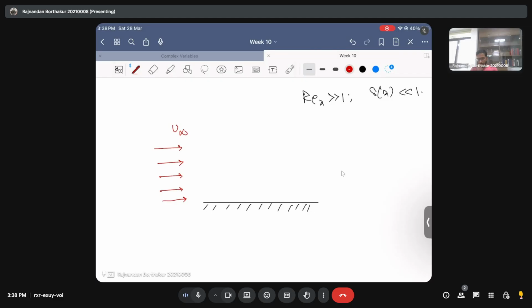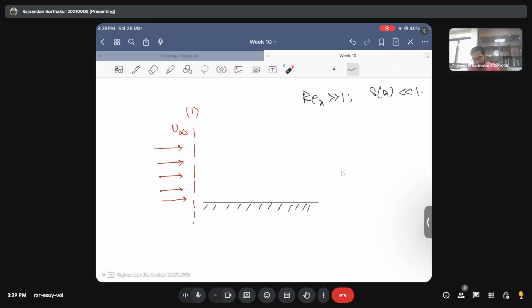Let's call a section here section 1, taken in front of the leading edge of the plate, where we see that the velocity profile is just uniform.